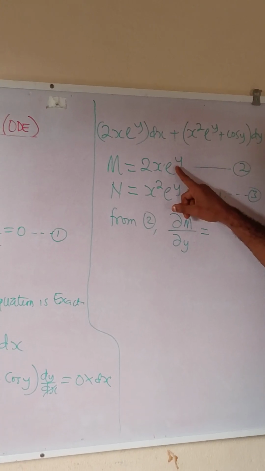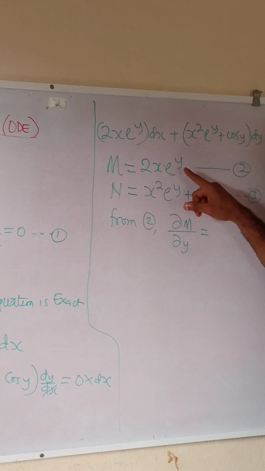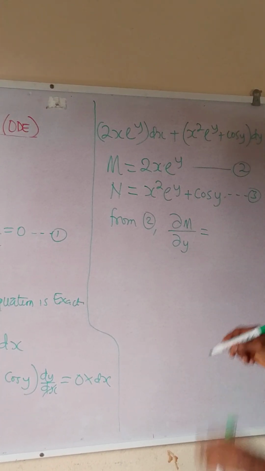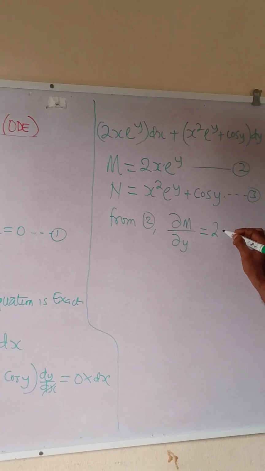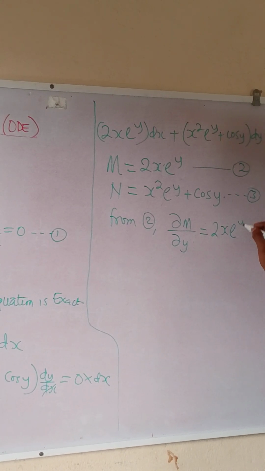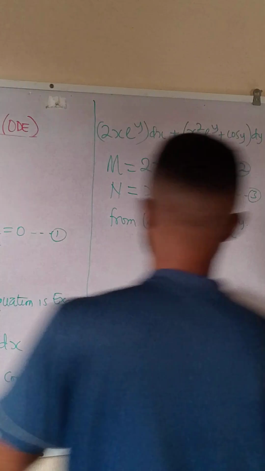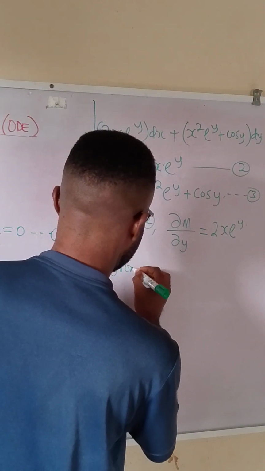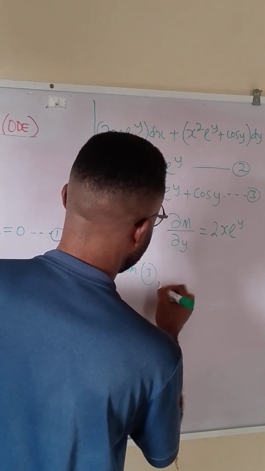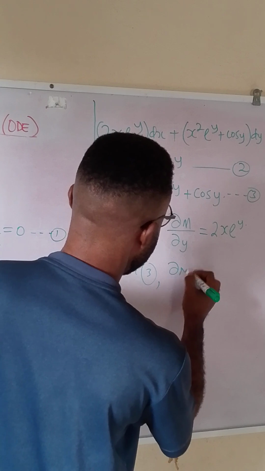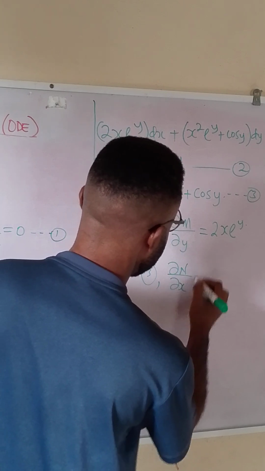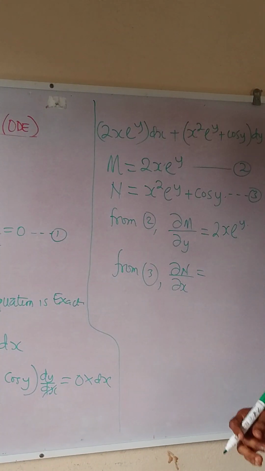So when we differentiate it, we have 1 times 2x e^y. So this will give us the same thing, 2x e^y. Now from equation 3, we are to differentiate N with respect to x partially. We are doing partial differentiation.